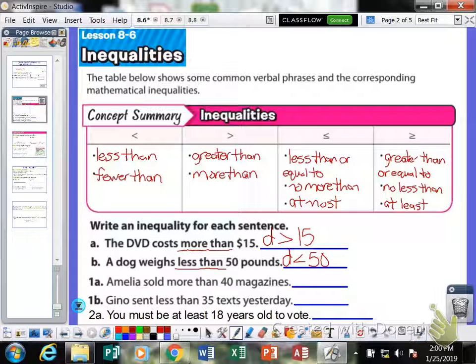Our next one says Amelia sold more than 40 magazines. We have the term more than there. That means we're using the greater than symbol. Again, just come up with our variable, talking about magazines, so I'll use M here. M is greater than 40.